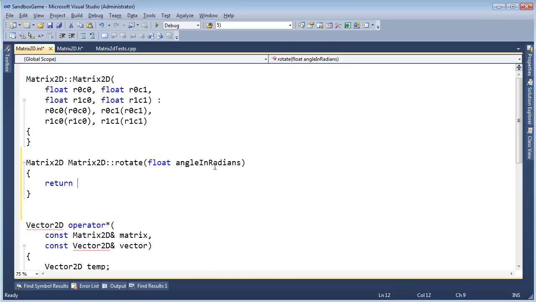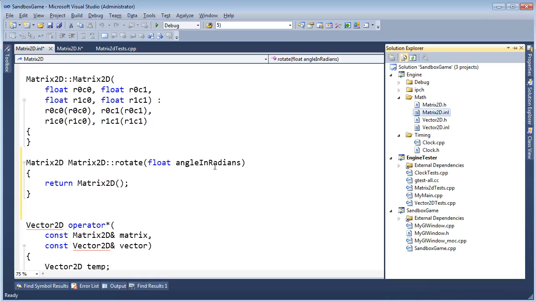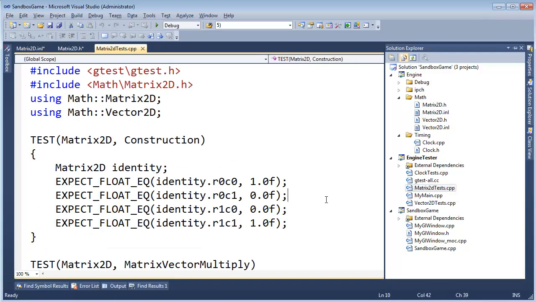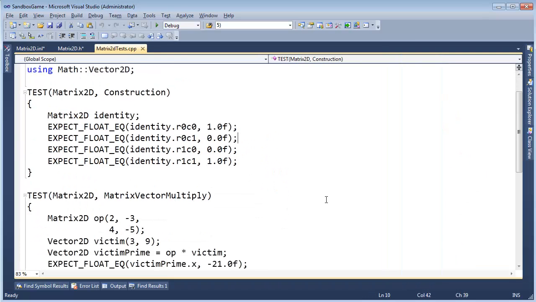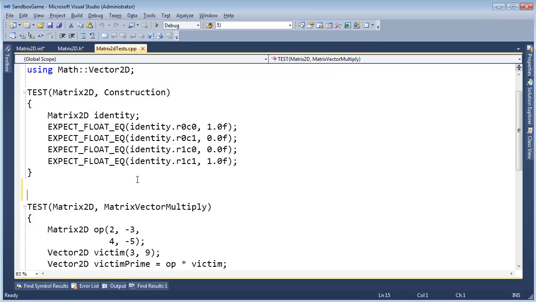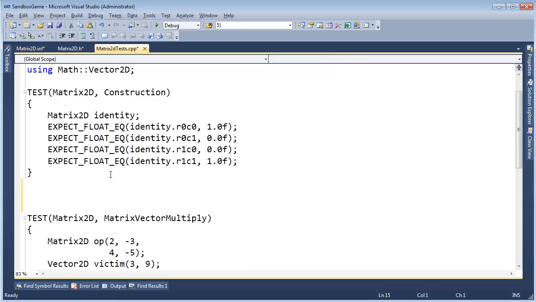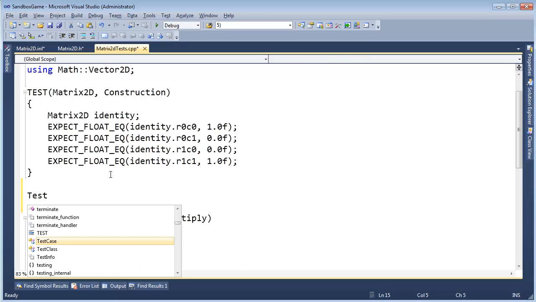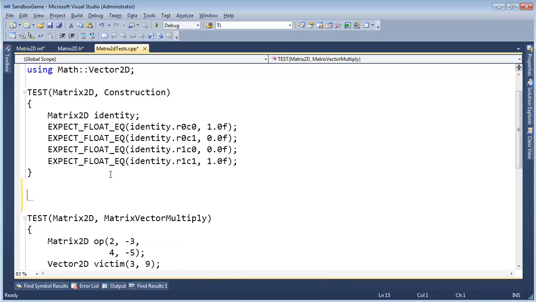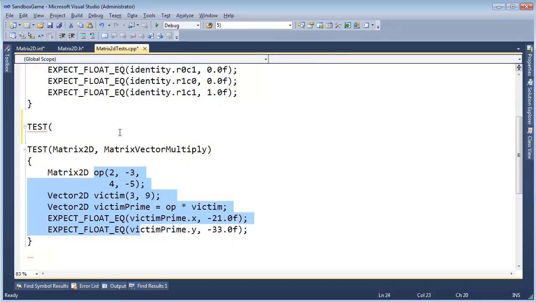And then I'm going to return a matrix 2D, and I could implement this right here, but I'm not quite ready for that because we want to use test-driven development and implement the tests first. So consistent with the other files, I try to be as consistent as possible. You can't always be consistent, but I'm going to write the test between the constructor and testing the operator.